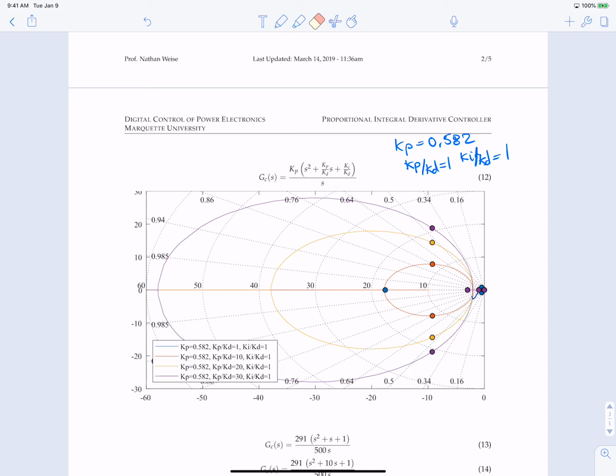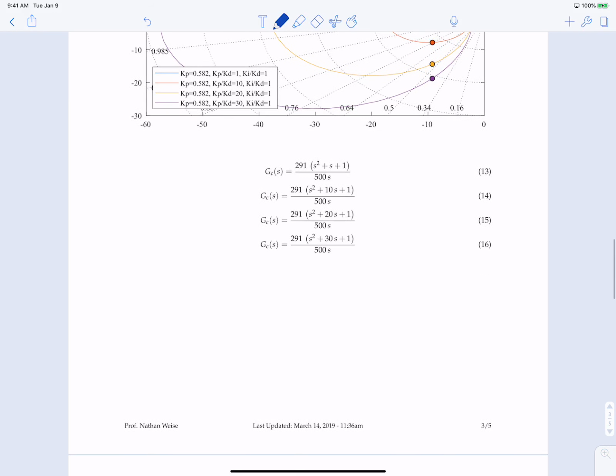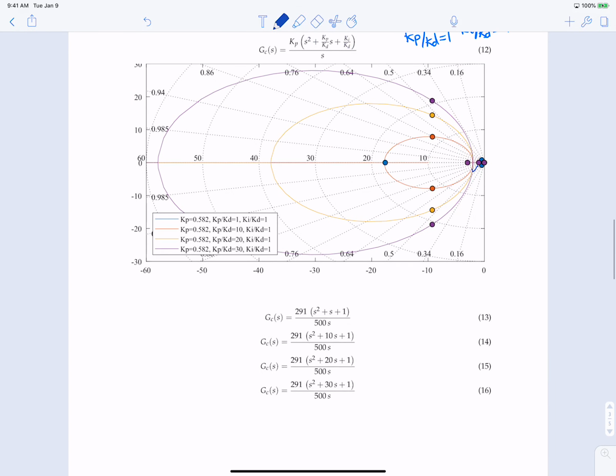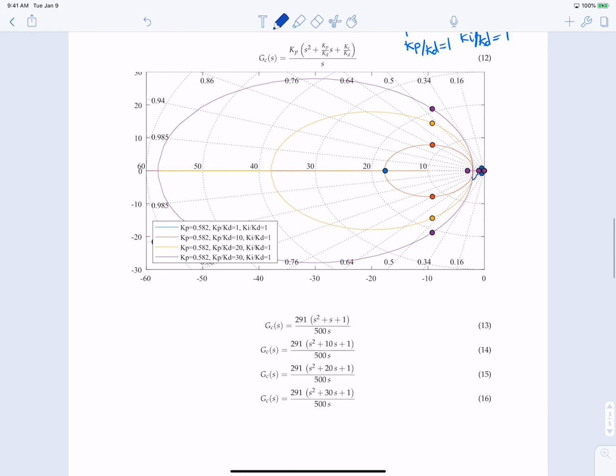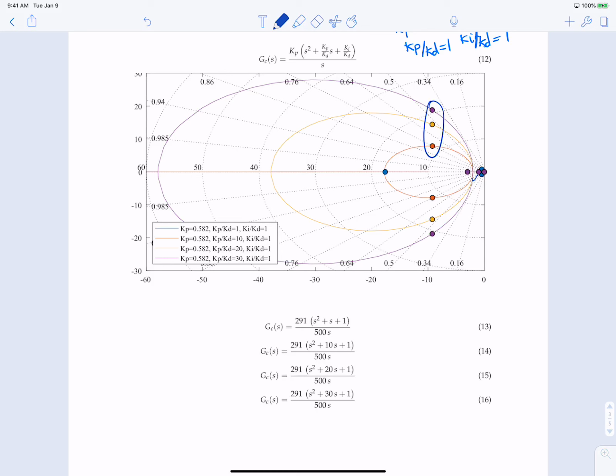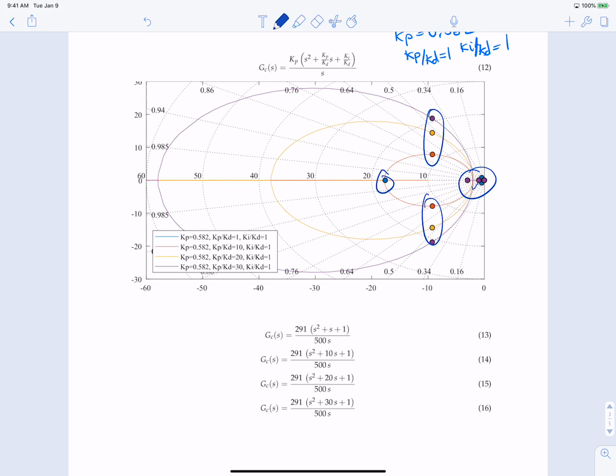Okay, what I've done is I've calculated some values, and I want to look at the type of response that I have here. So I picked Kp to be 0.582, and I simulated some of these poles. These are the poles for the 4 controllers that I am selecting. You can see that this ratio here is the Kp by Kd.